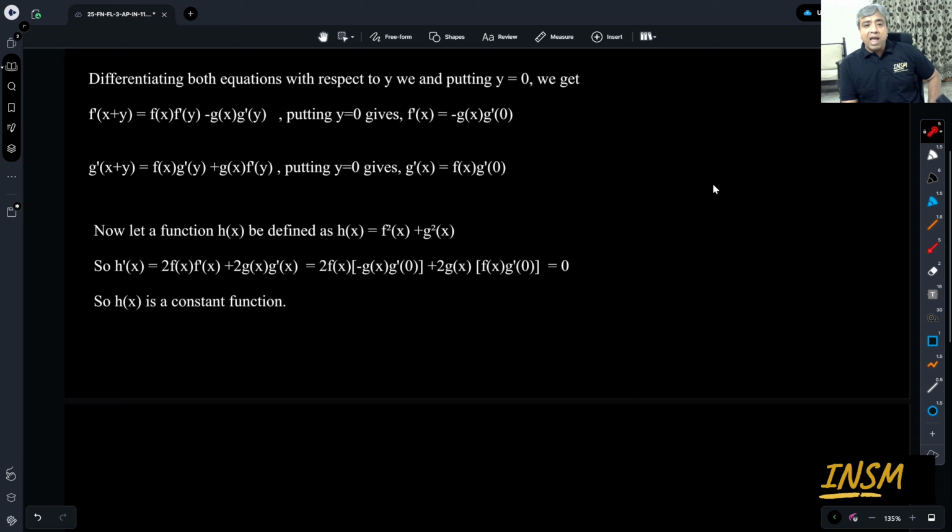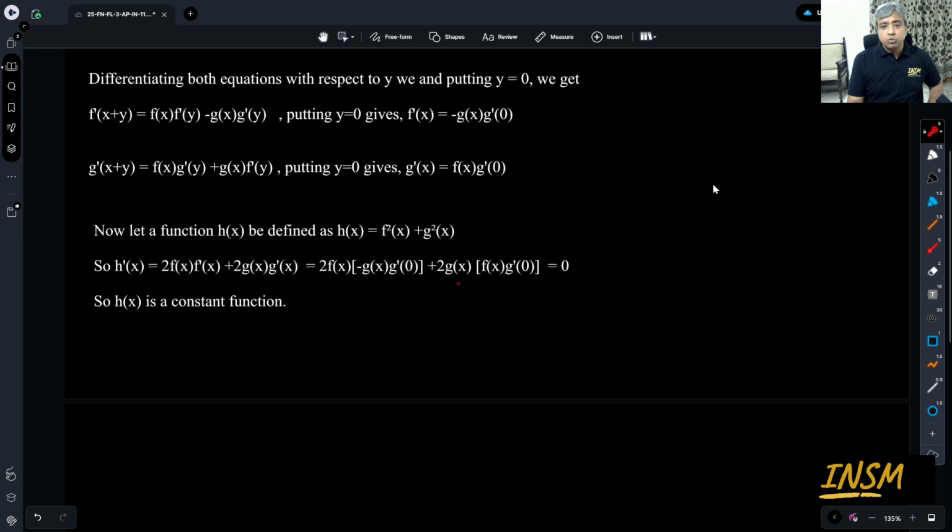In place of f dash and g dash, we replace the values which we derived just now: in place of f dash x we put minus g x g dash 0, plus 2 g x, and in place of g dash x we put f x multiplied by g dash 0.